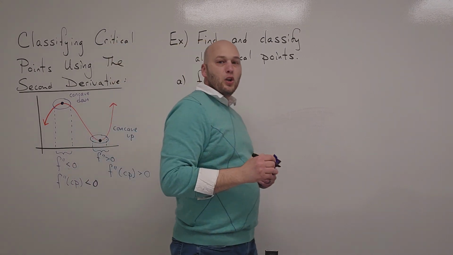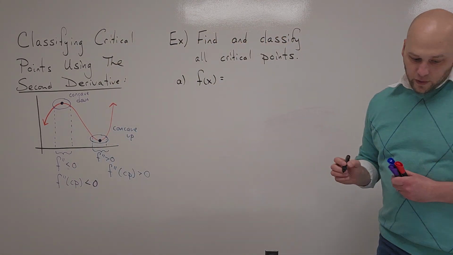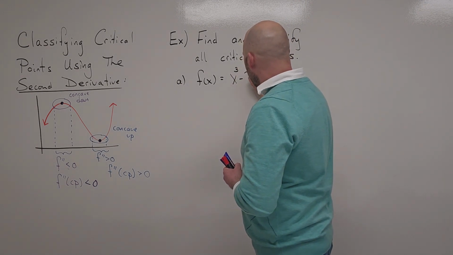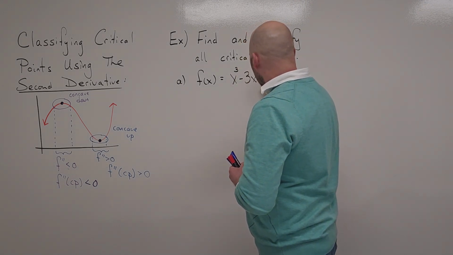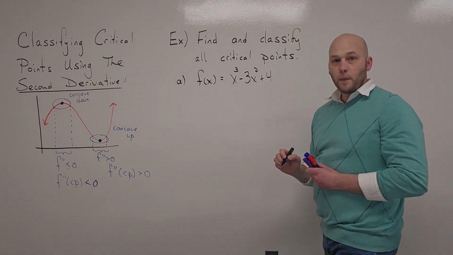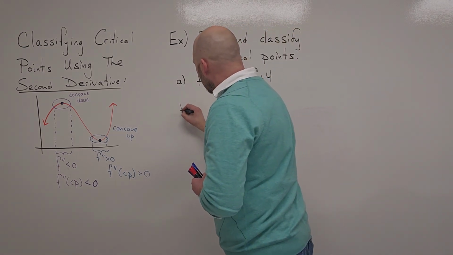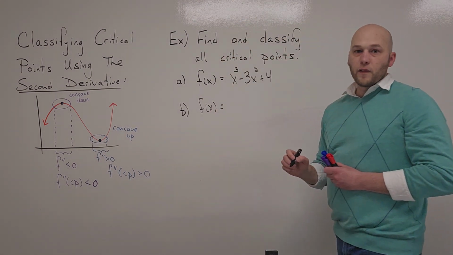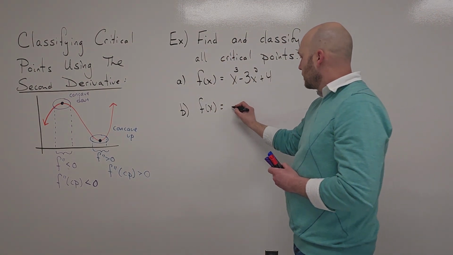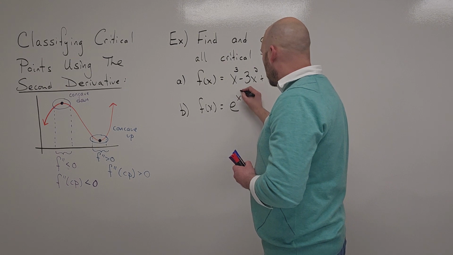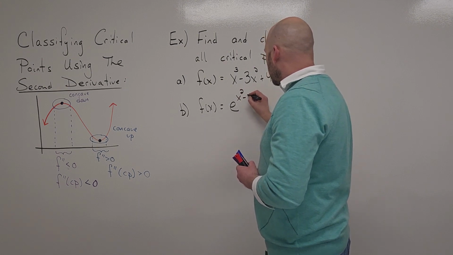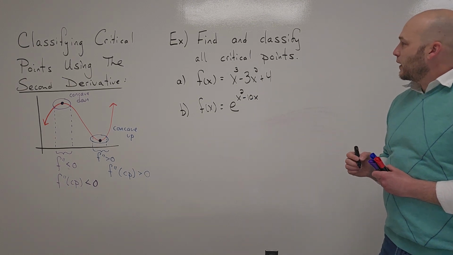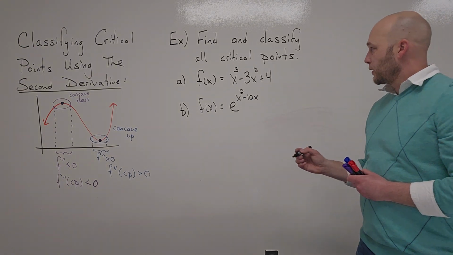First, let's start with a cubic polynomial. So f of x is going to be x to the third minus 3x squared plus 4. And then part B, let's do an exponential function. So let's say f of x is e to the x squared minus 10x. So find and classify the critical points of those two functions.